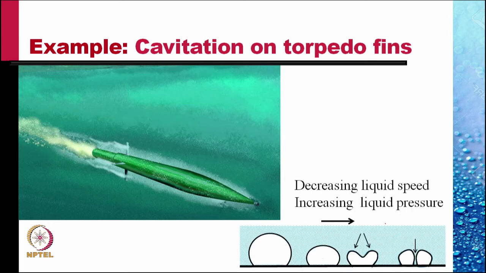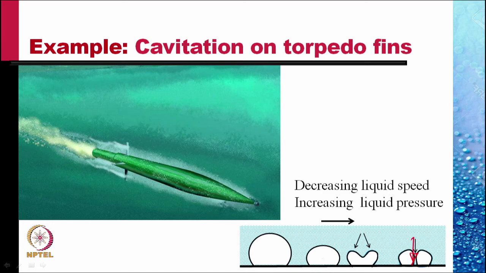As the fluid slows down moving away from the fin, the pressure increases, the diameter of the vapor bubbles decreases, the bubble collapses, and suddenly a jet impinges on the surface.